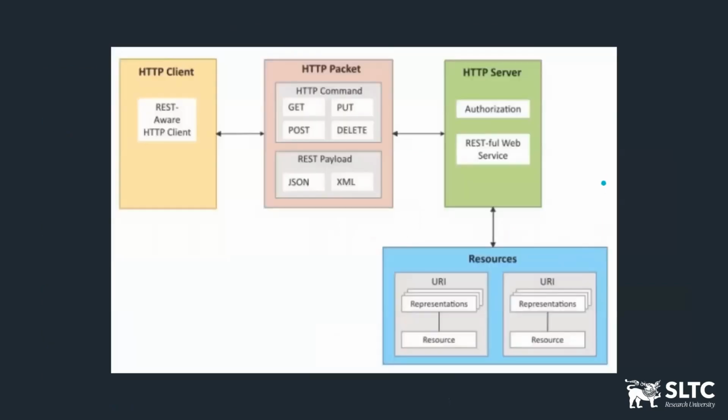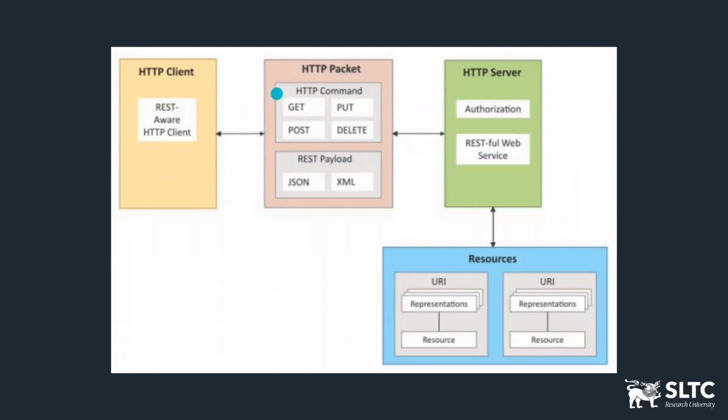So a RESTful API basically runs in this manner. The RESTful API is accessed by the client. The client will send an HTTP request, for example, and use certain commands that are available in the HTTP protocol.